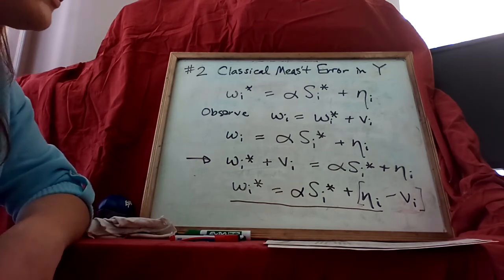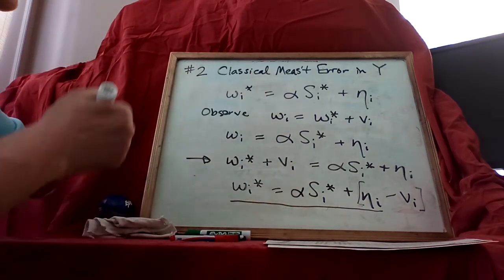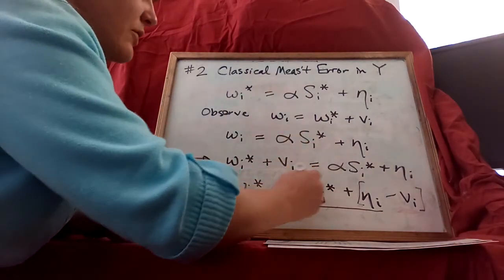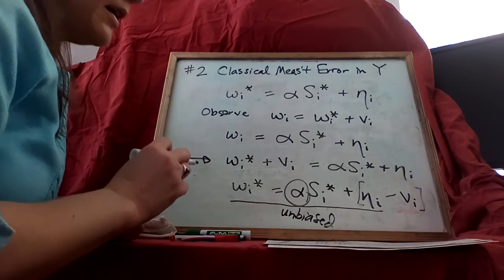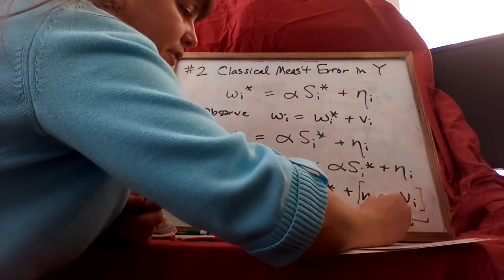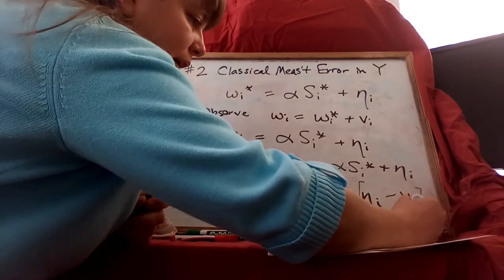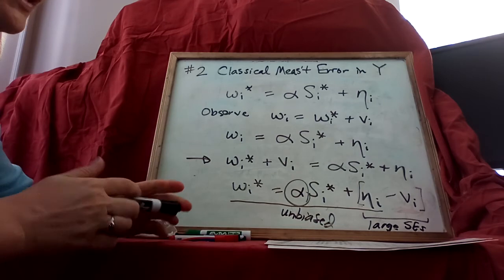And so what we've created is a situation where our error term has a lot more variance, and effectively alpha should still be unbiased, and so we're very happy about that. But we're going to have large standard errors. Things are just going to not be measured as precisely.